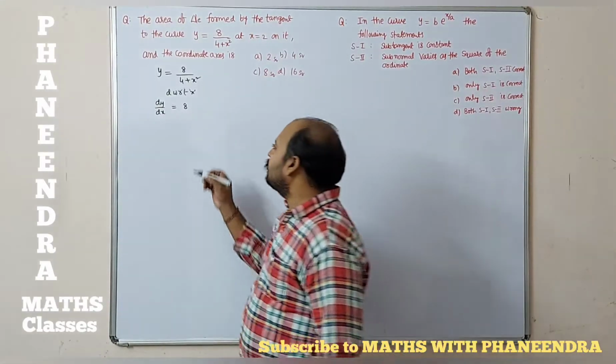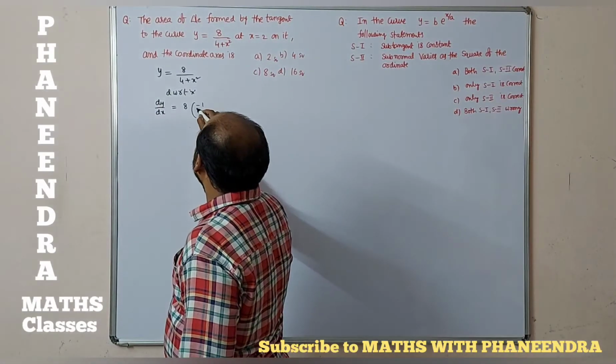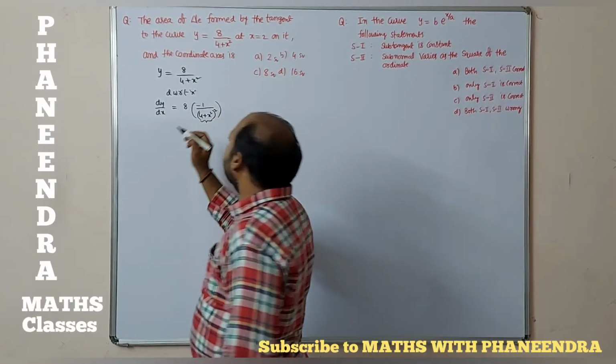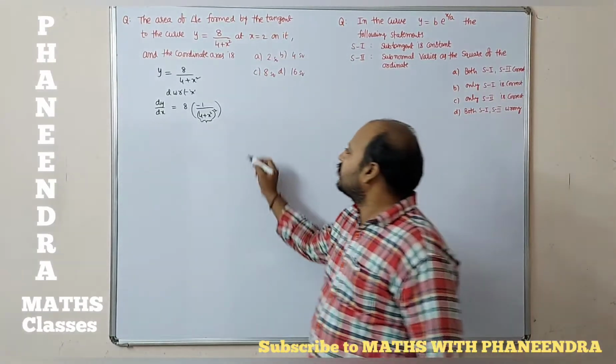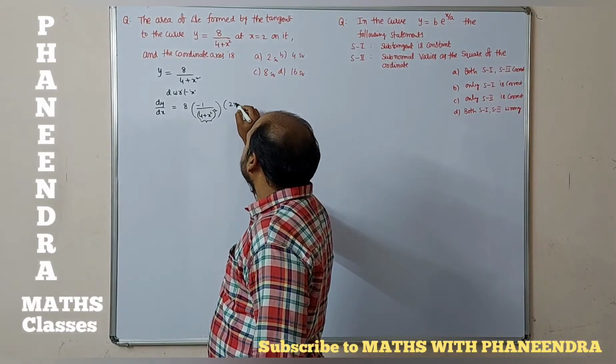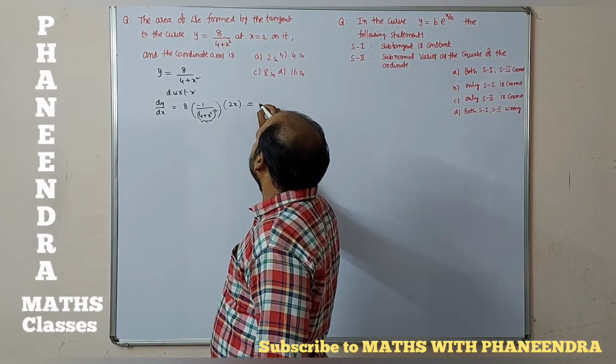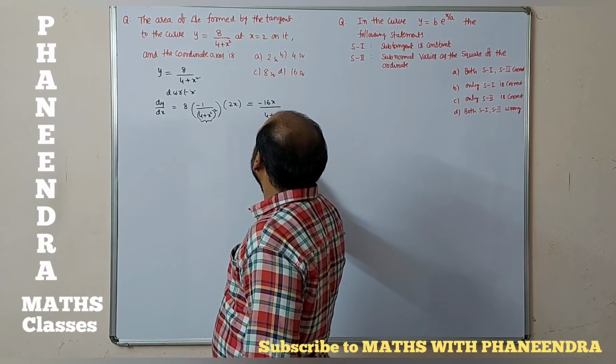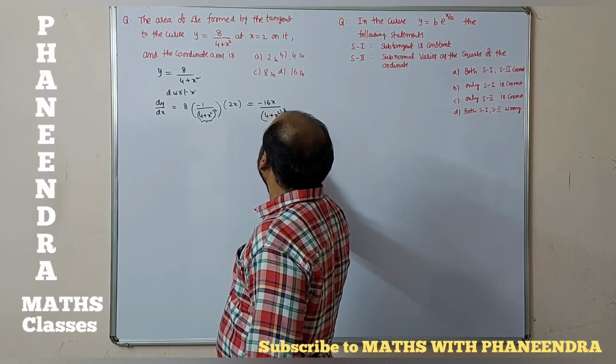The derivative of 1 by x is minus 1 by x square. So minus 1 by (4 plus x square) whole square. Again, this function you have to differentiate. The derivative of 4 plus x square is 2x. So ultimately this will be minus 16x by (4 plus x square) whole square.